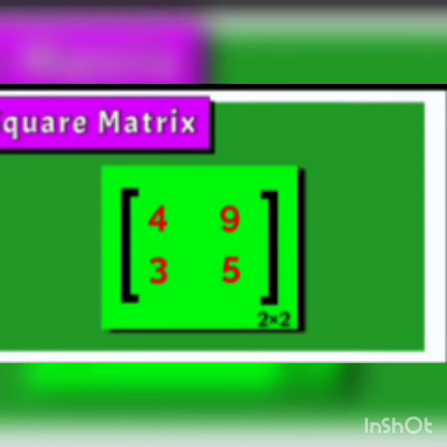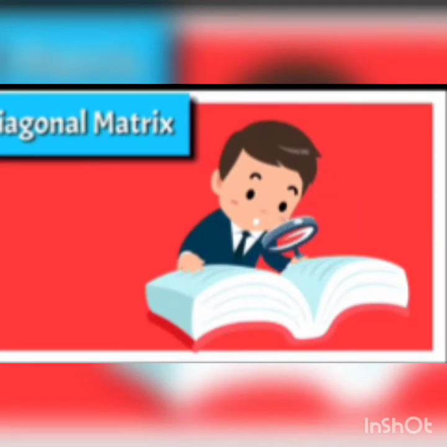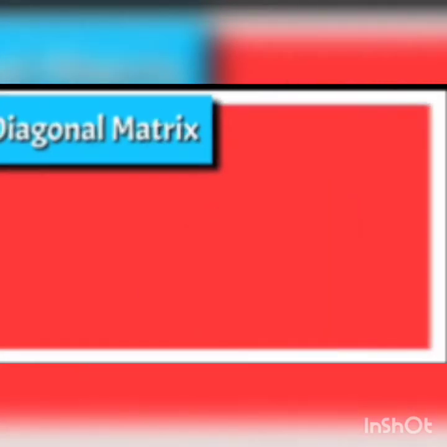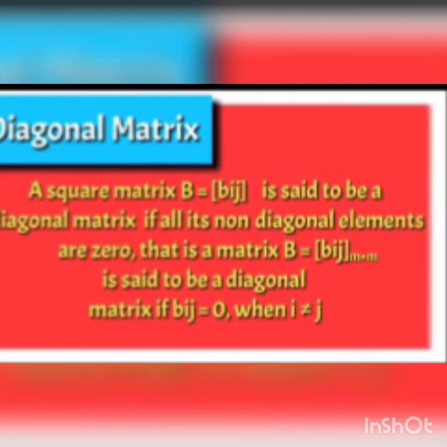Now the next matrix that comes is a diagonal matrix. A matrix B is equal to [bij] is said to be diagonal if it is a square matrix and all its non-diagonal elements are 0.